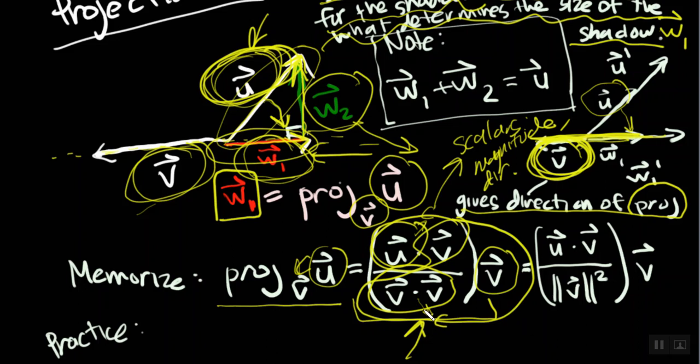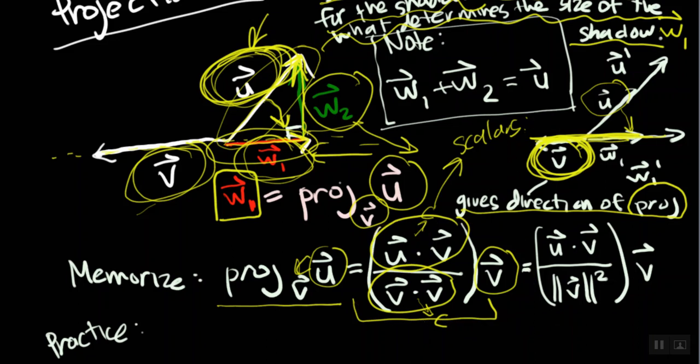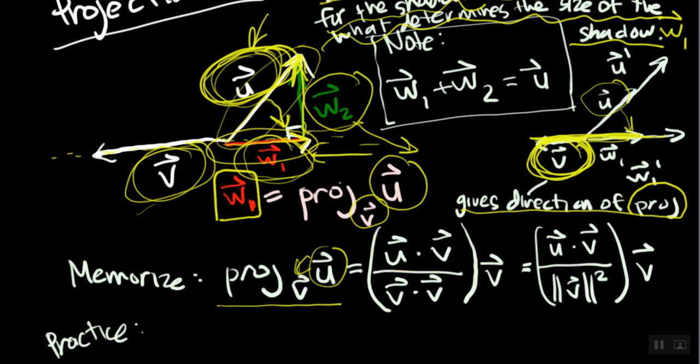But we could simplify the dot product of v in itself to become the norm of the vector v squared. Now I highly prefer the first formula, because it's easier to memorize. And yeah, there's a formula that you should have memorized.